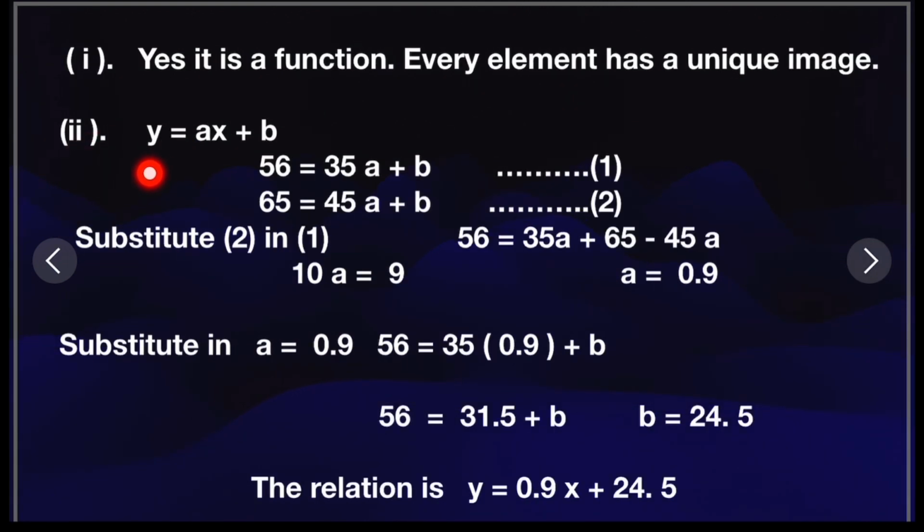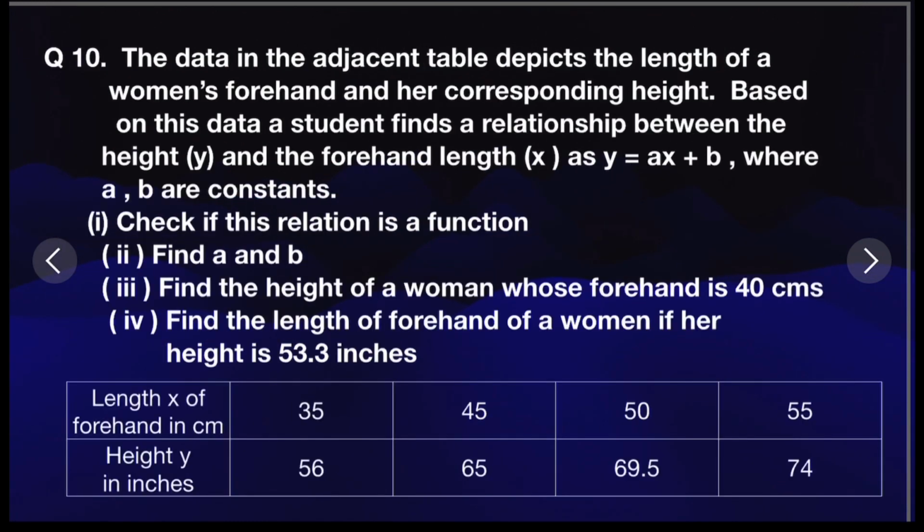Now the relation is given by y is equal to ax plus b. They are asking you to find this a and b. So here these are two simultaneous equations. How did I get this? 56 is equal to 35a plus b. See here, y is equal to 56, so 56 is equal to 35 into a plus b. Similarly, 65 is equal to 45a plus b.